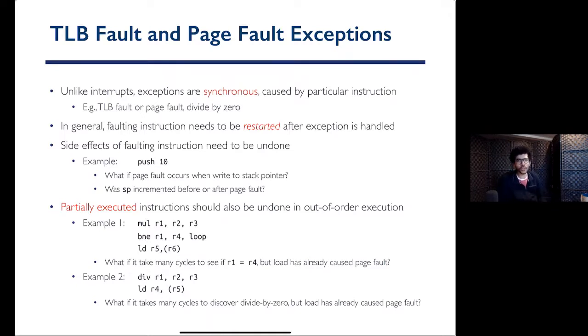Your process executes an instruction that causes an exception, for example, divides by 0 or causes a page fault, basically accessing a page that is invalid, or accessing a page that has the wrong permission.